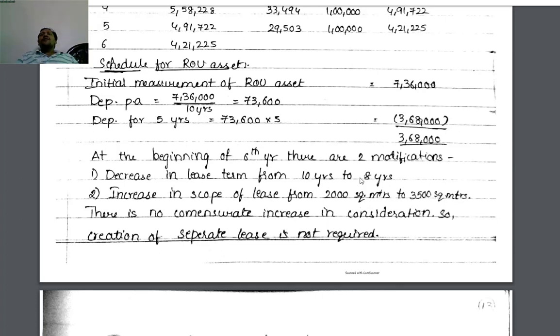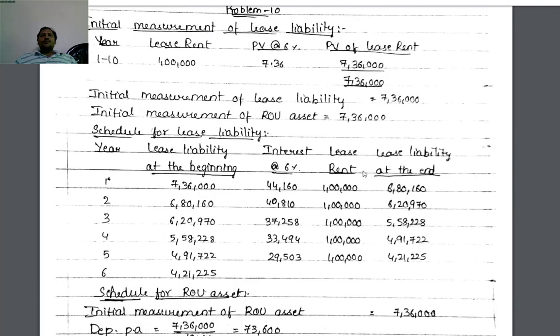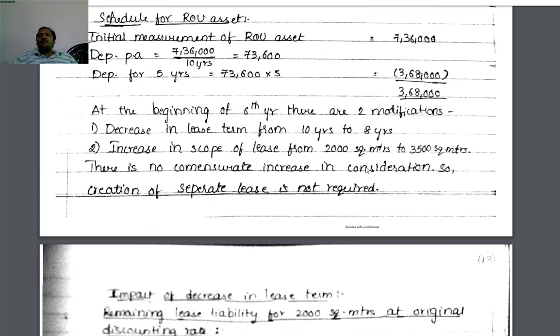With 2000 square meters, we will be paying lease rent of 1 lakh for the next 3 years, and the original discounting rate is 6%. So if original terms are as they are, except the lease term, we will go for the modification. So only for 2000 square meters, the original lease rent is 1 lakh, original discounting rate is 6%.